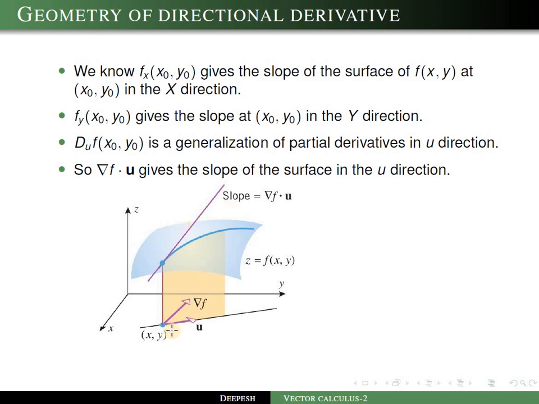So in the domain plane, you fix any direction u. If you want the x direction or y direction, partial derivatives will do. And if you want the slope in the u direction, where u is an inclined direction, then you find D_u f at x naught y naught. That will give you the slope in the u direction.